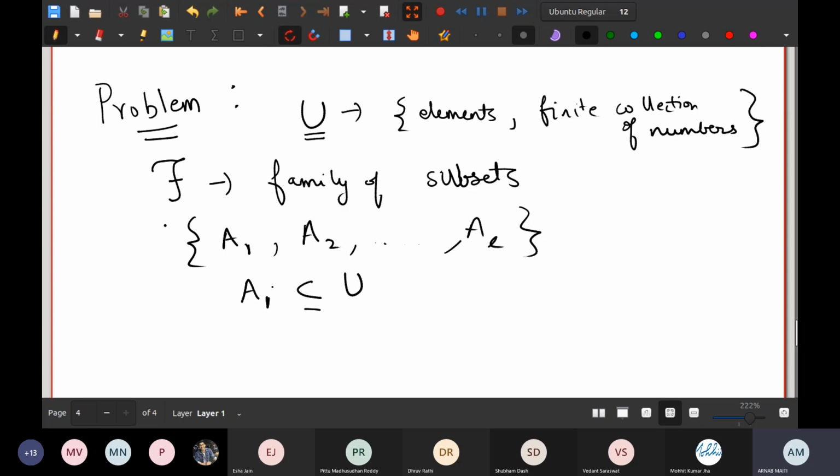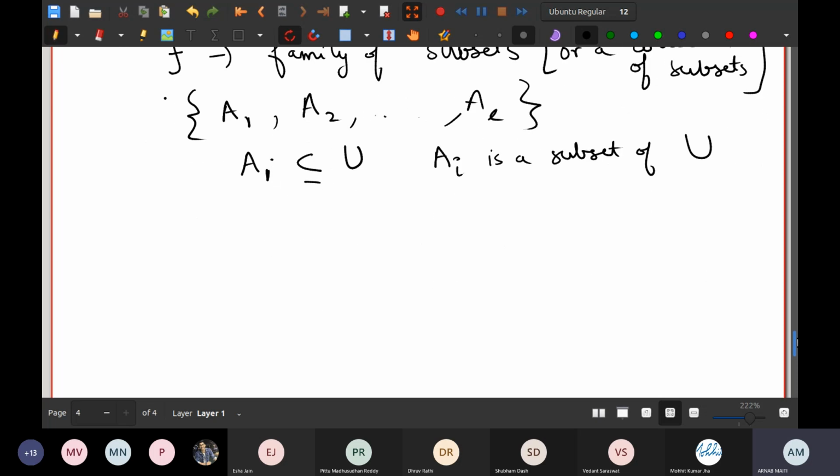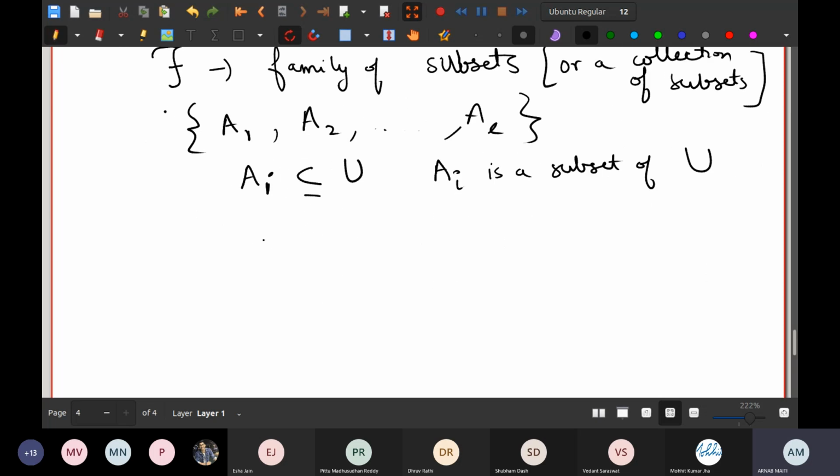So A_i is a subset of U, and F is a collection of subsets. Now a restriction which we impose is that this is strictly equal to k.